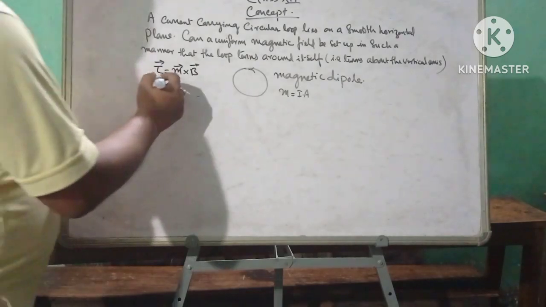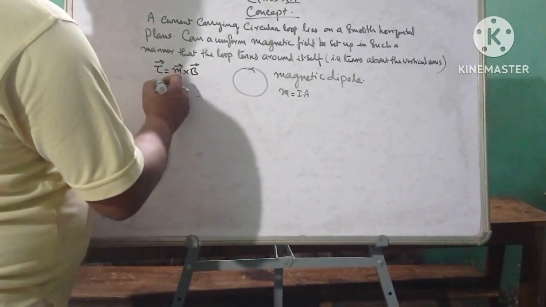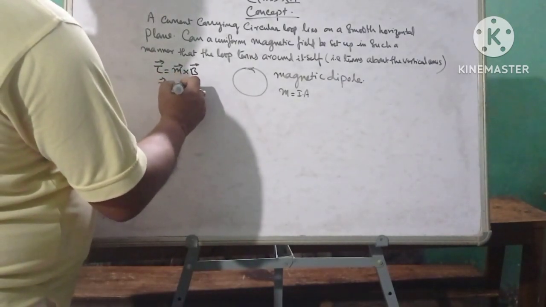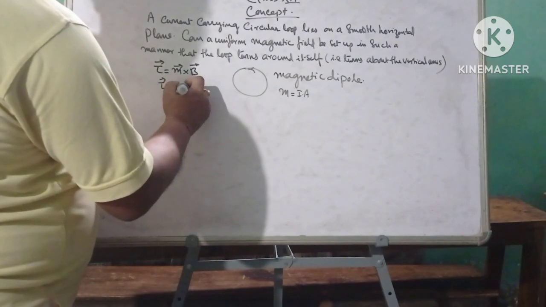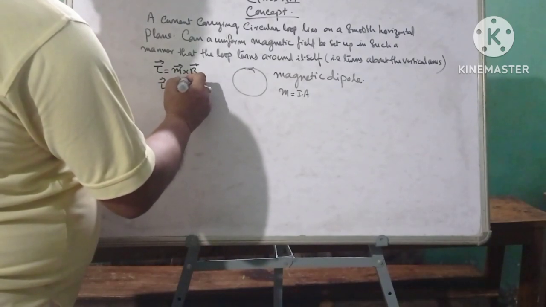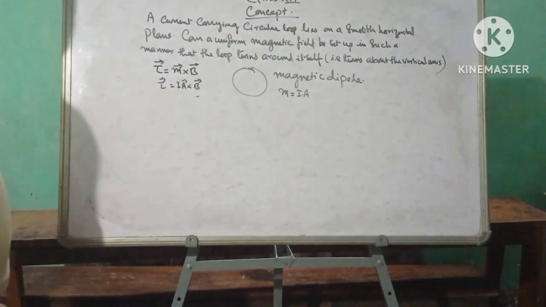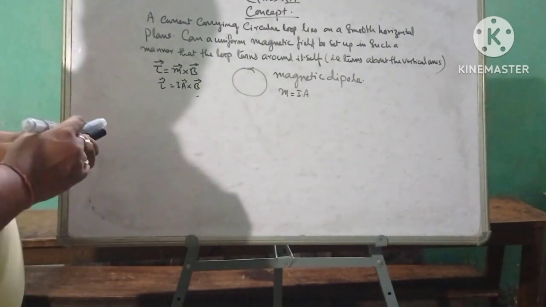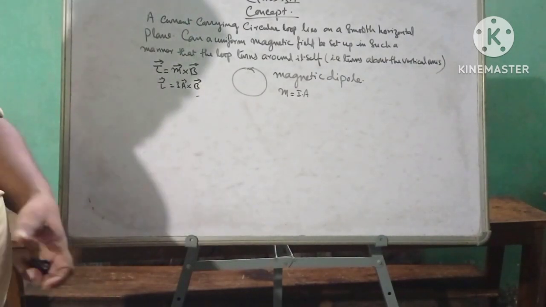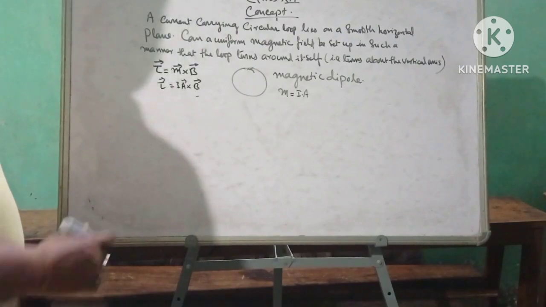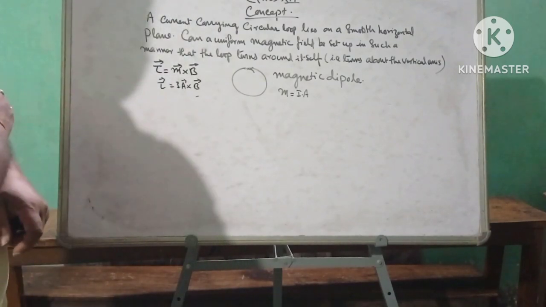So torque is equal to I A vector cross B vector. This is your torque.